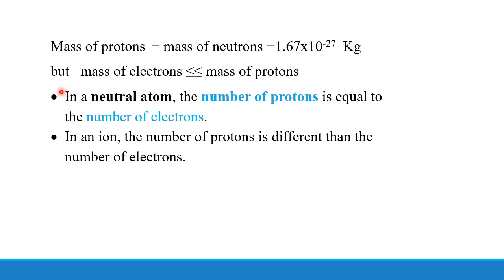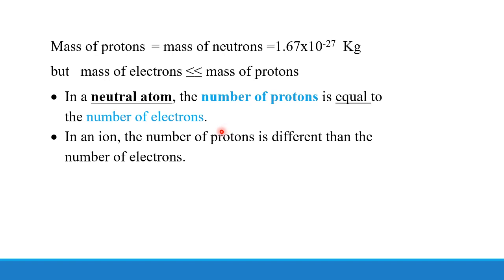Also, we should know an important note, which is in a neutral atom, the number of protons is equal to the number of electrons. So, the number of positively charged particles is equal to the number of negatively charged particles. Thus, atom is electrically neutral.